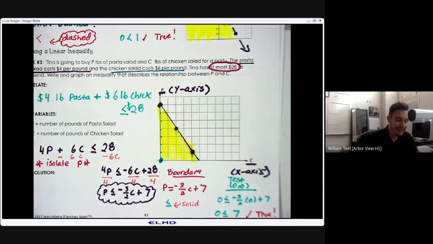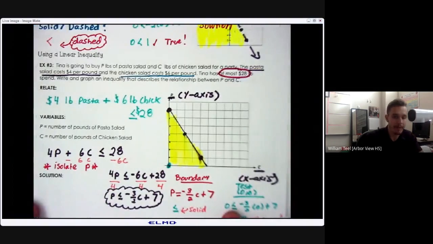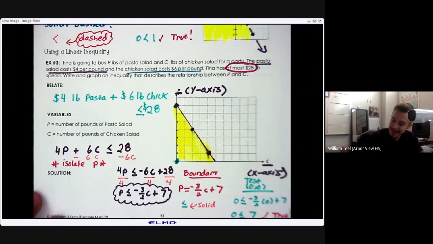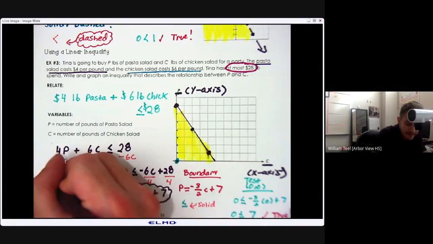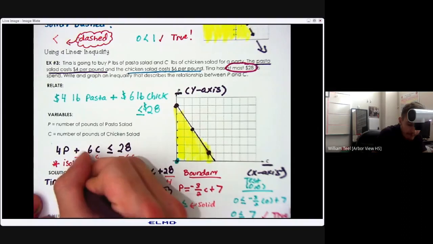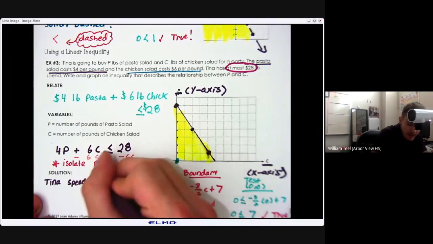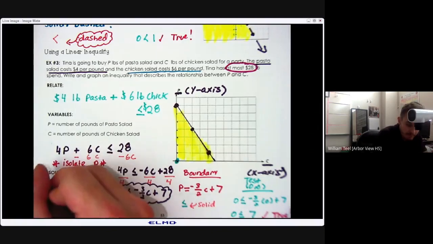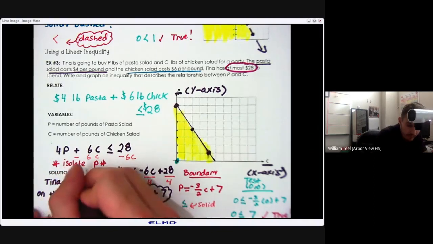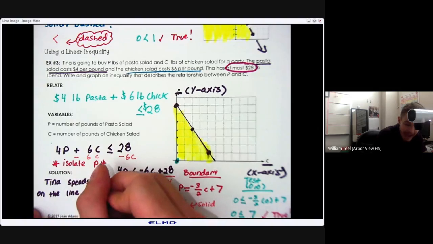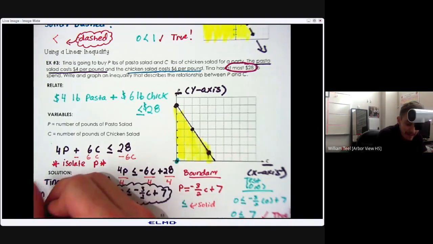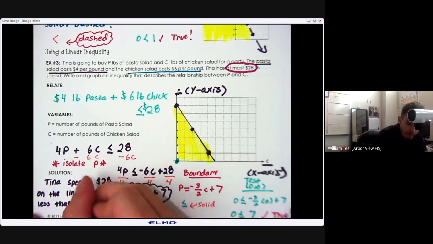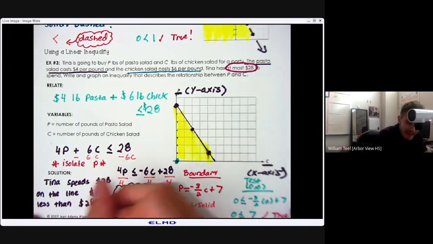Now, if we're going to put this solution into terms, because we are doing a word problem here, this means that Tina spends $28 on the line, and she spends less than $28 beneath the line.